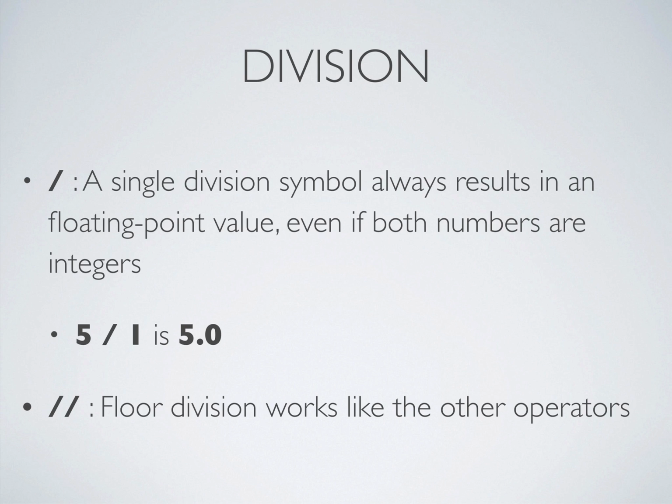So even if both of the numbers are integers, for example, 5 divided by 1 with the single division sign, you are always going to get a floating point value back. It's just kind of a weird thing about Python. Again, keep in mind, floor division, the one with the 2 division signs, double division, works like the other operators, so that follows the standard rules about mixing types.